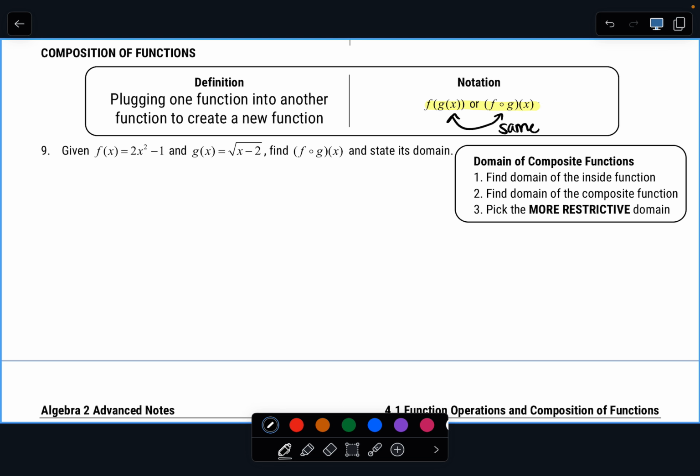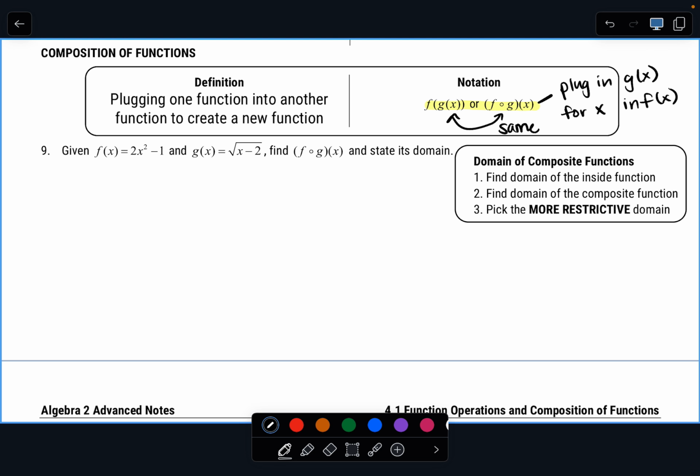And what this means is you are going to plug in g of x for x in f of x. So everywhere you see an x term, just like we did in the other problems just now, we plugged in numbers where those x's were.